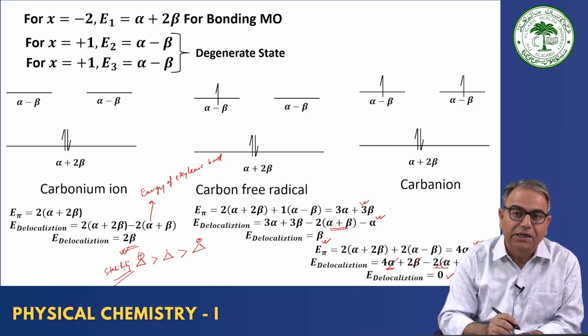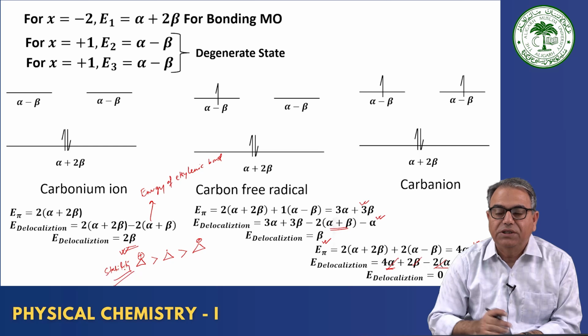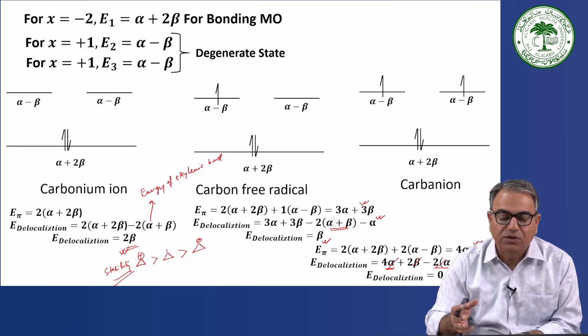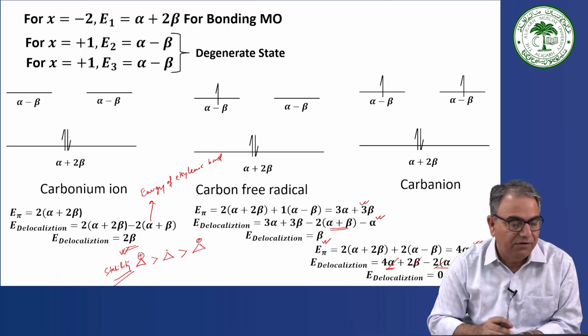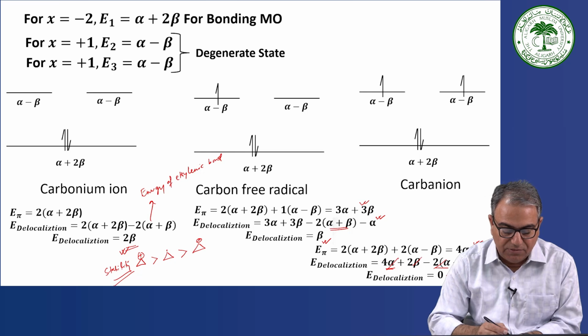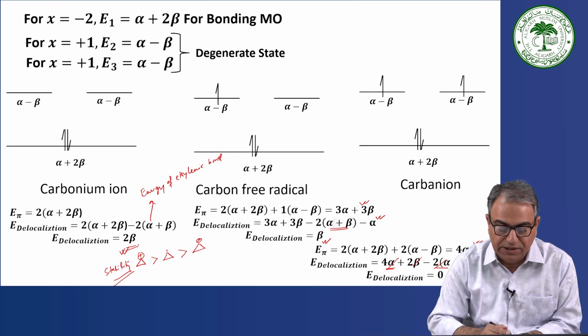So what you do in organic chemistry normally, deciding which carbonium ion will be stable and which will not, that also we can go from the HMO calculations, and we can predict the stability of these intermediates. The cyclopropenyl carbocation is more stable because it has the higher delocalization energy.